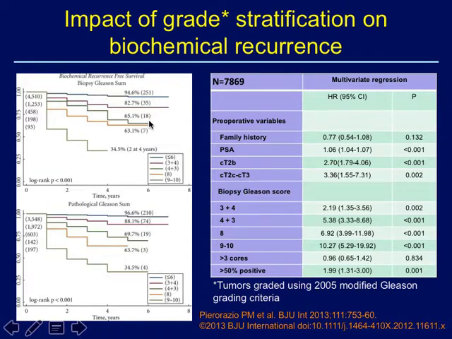And as the relative proportion of patterns 4 and 5 increases, this is 3 plus 4, 4 plus 3, 4 plus 4, 8, and then Gleason scores of 9 and 10, the recurrence rate goes up accordingly. And if you look at multivariate analysis, they showed very nicely that grade increased the hazard ratio for biochemical recurrence as you progressed up the scale, as it were.